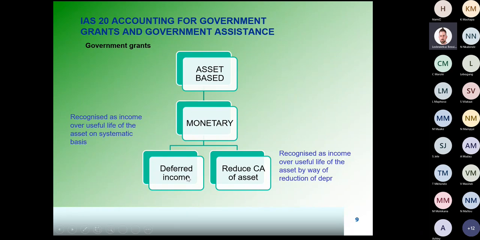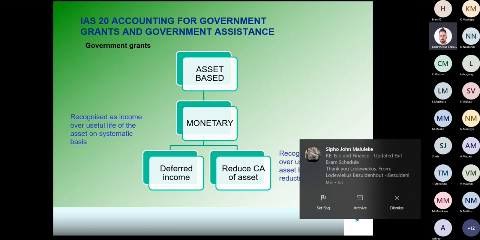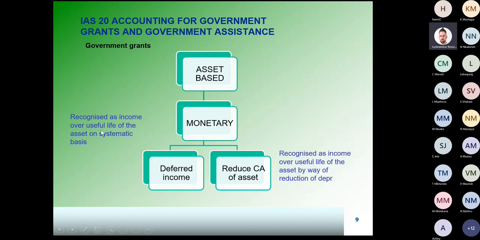If we have deferred income, then we have depreciation based on 20 years. And we have other income that is transferred from deferred income, the government grant income, to the income statement over 20 years. So we have depreciation as an expense, and we have income from the grant as income. So the expense and the income are offset against each other to get a net effect.